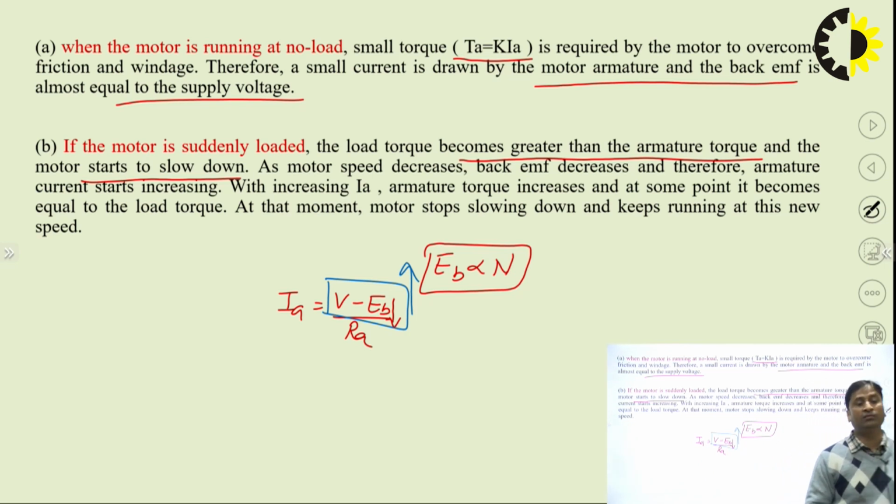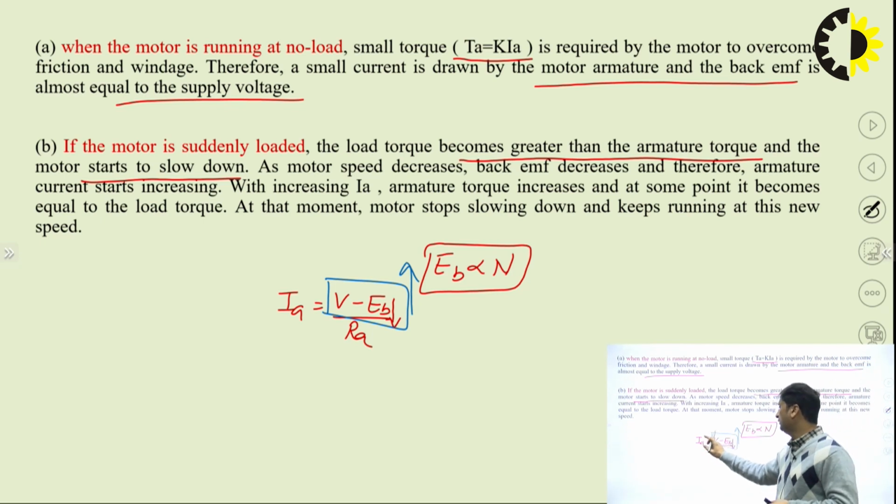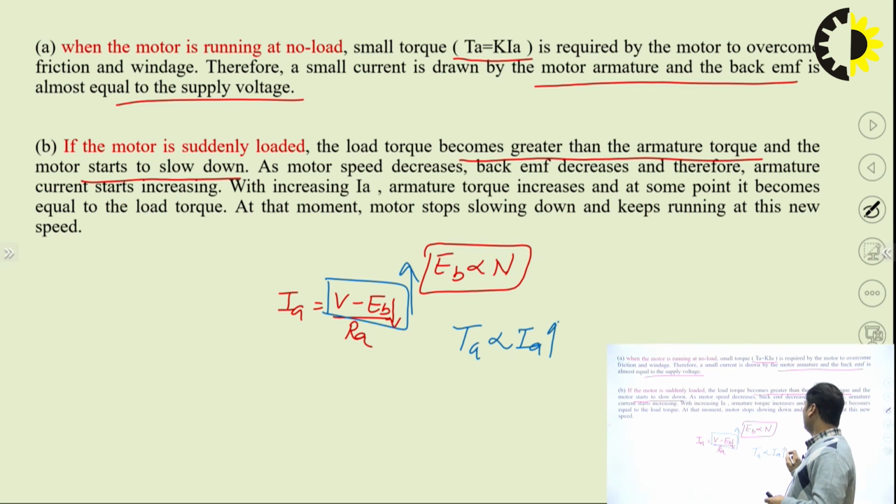It means the current will increase. If the armature current increases, the torque, which is proportional to armature current, will also increase. It means the armature torque increases, and at some point it becomes equal to the load torque.